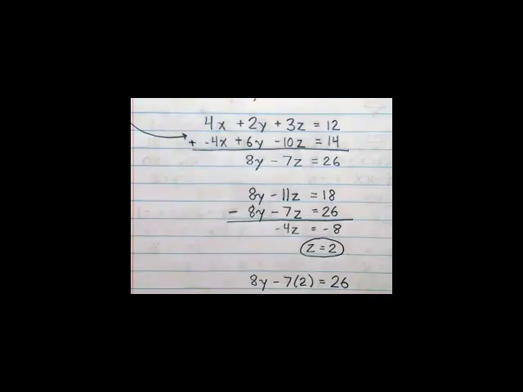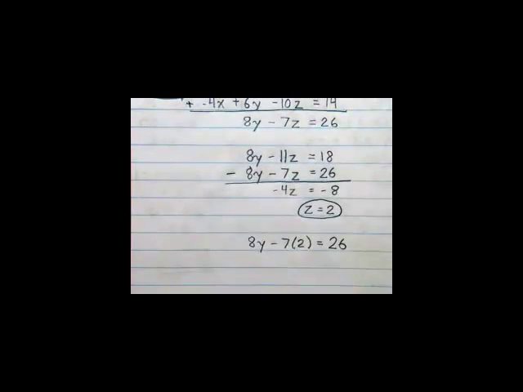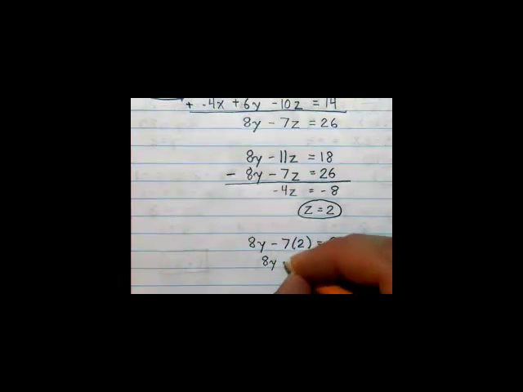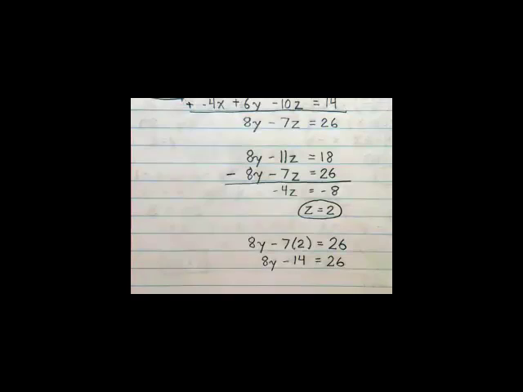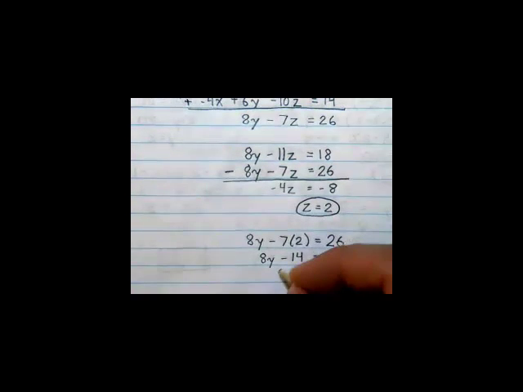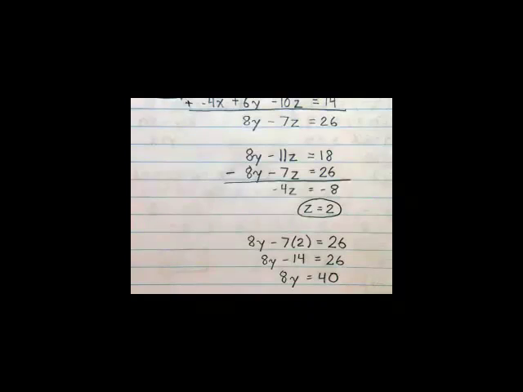I'm choosing that one, but you could have just as easily done the top one. So 8y minus 14 equals 26. So if we add 14, you get 40. And so what's the value of y then? 5.